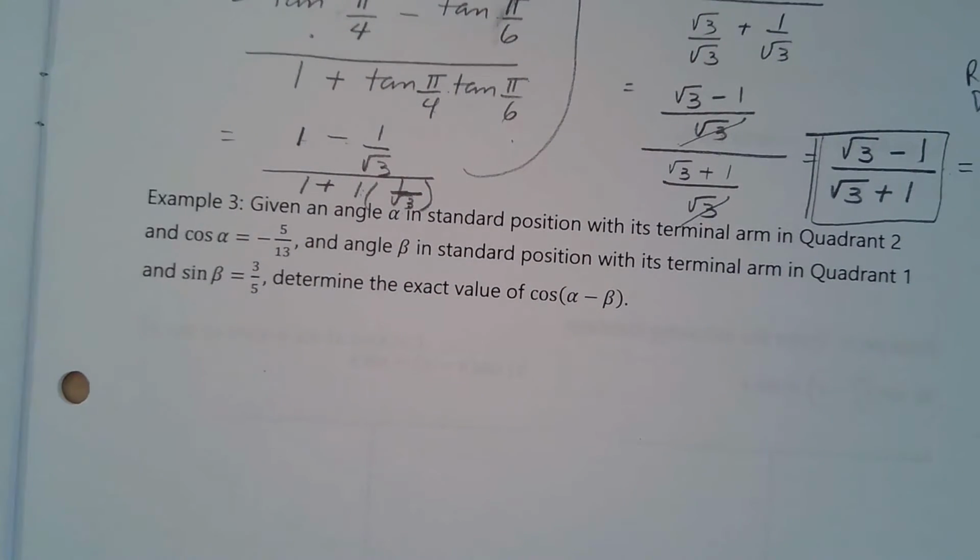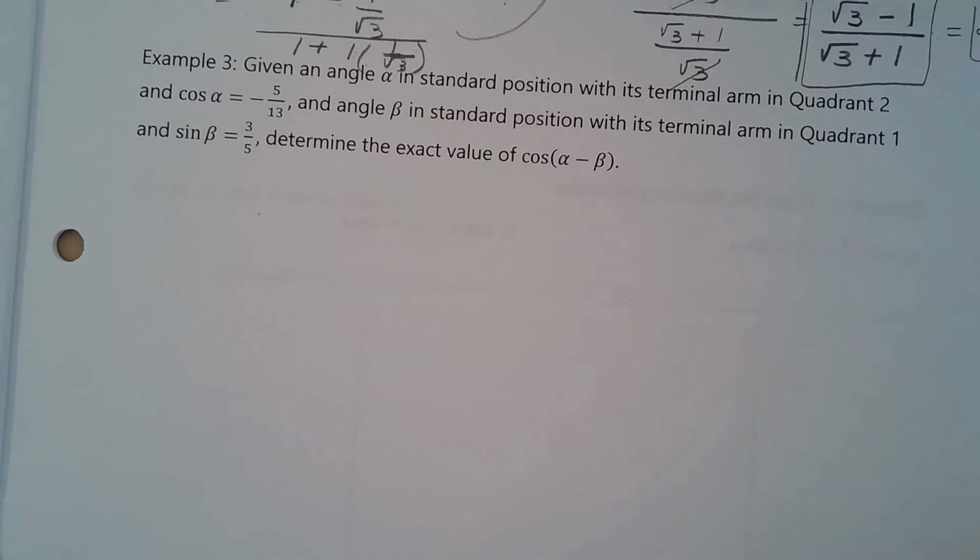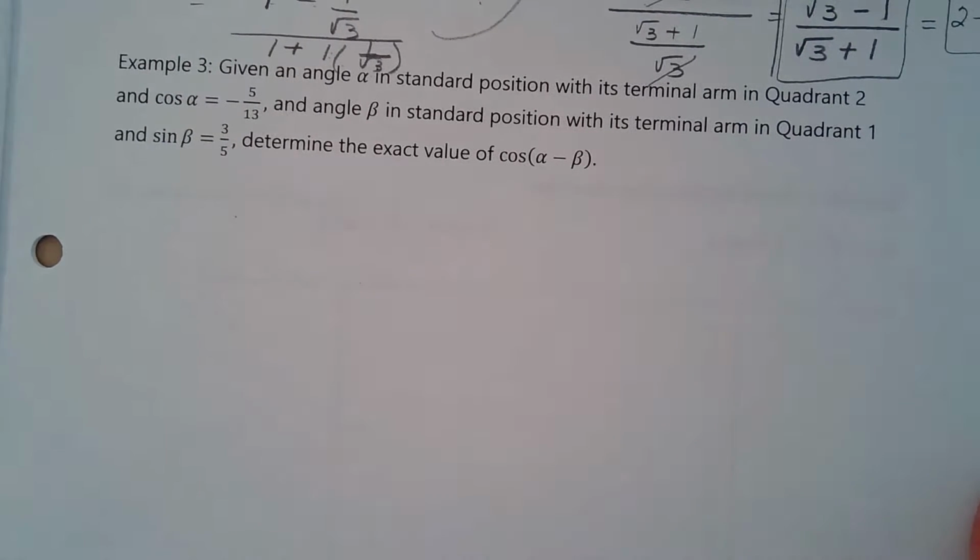Right, on YouTube. Okay, let's do example number 3 because this is going to take way too long. This is even longer. Okay, so if you think that's long, this is longer. Okay, example 3.